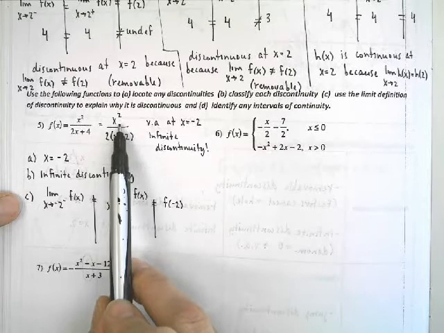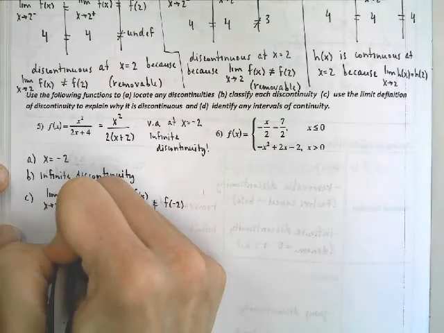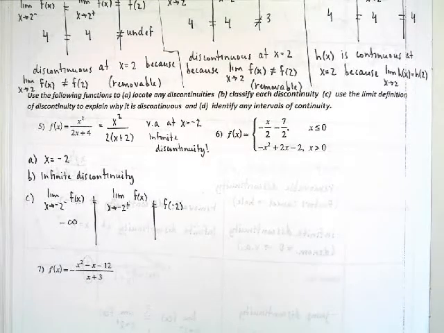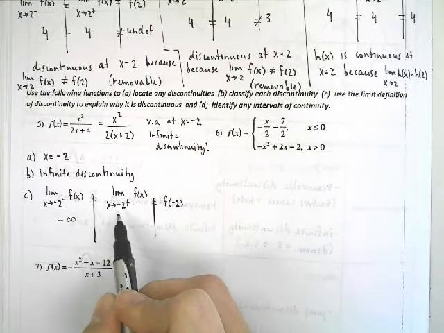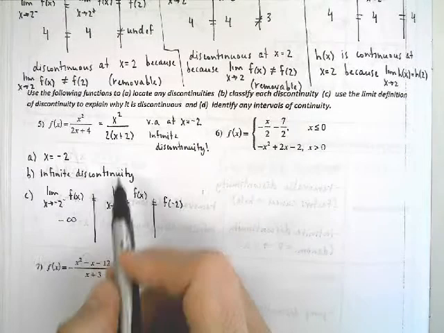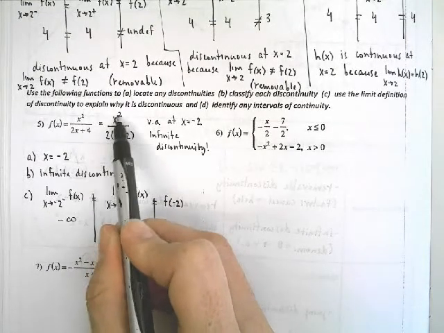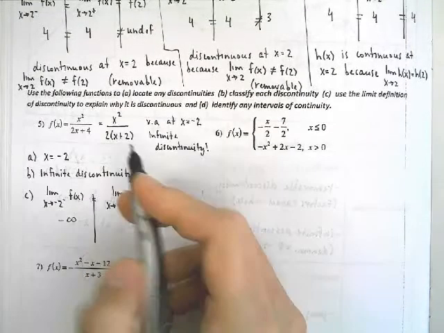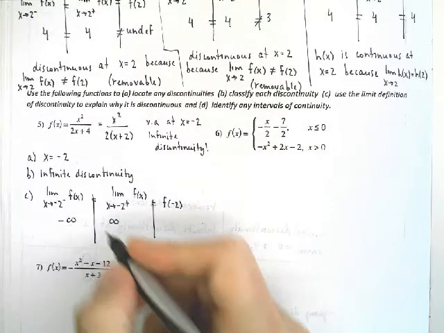So if I have a positive number divided by a very small negative number, that means that limit is going to be -infinity. Now, if I'm approaching -2 from the right, now I have something like -1.999. If I plug that in here, now I have a positive. A positive number over a very small positive number is going to make my limit +infinity.